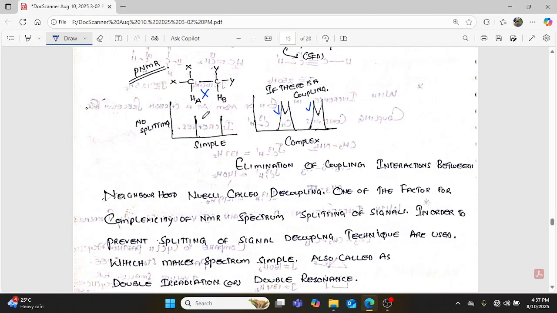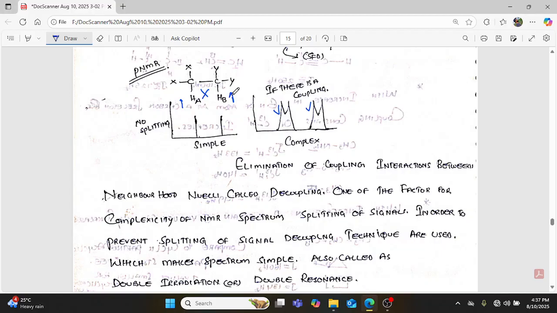How can we do it? HA has some characteristic frequency, HB has some characteristic frequency. So we need to supply a certain frequency, thereby flipping of the nucleus takes place, and the adjacent proton cannot identify this proton. That concept is commonly called decoupling, clearly explained in proton NMR.